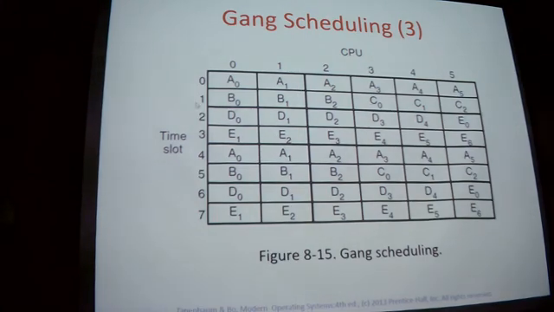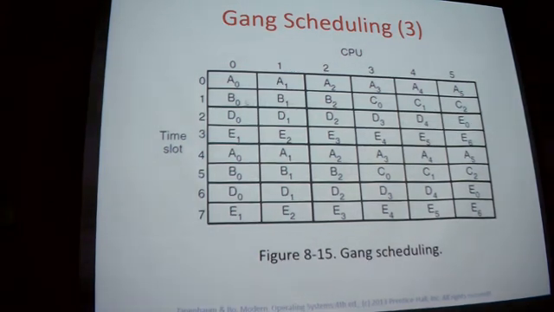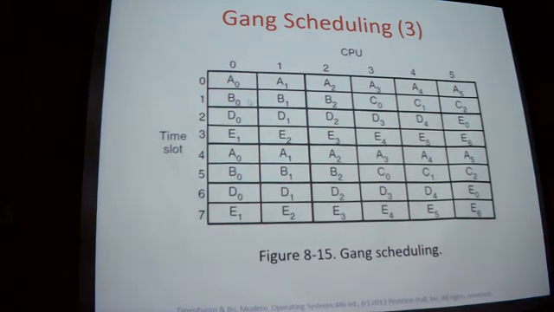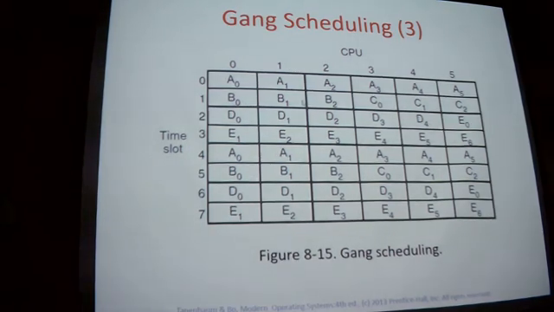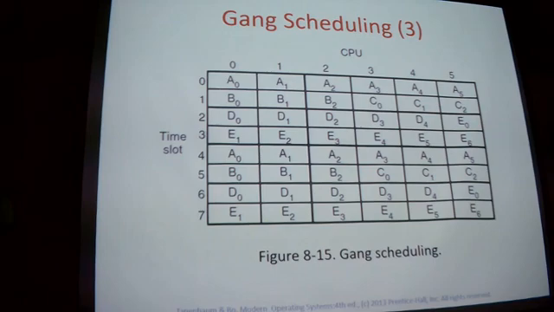At time slot 1, these 6 CPUs run threads from process B and process C. Because there are only 3 threads from process B, the other CPUs can be allocated for threads from other processes.